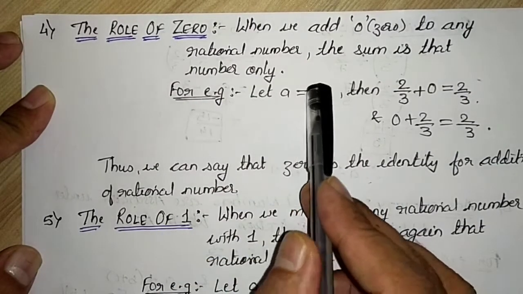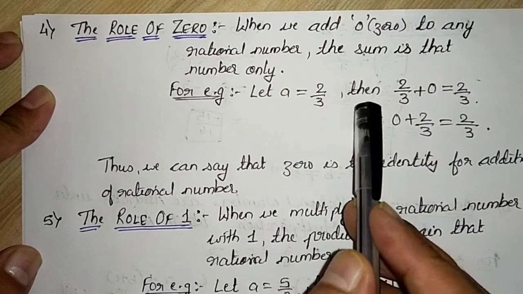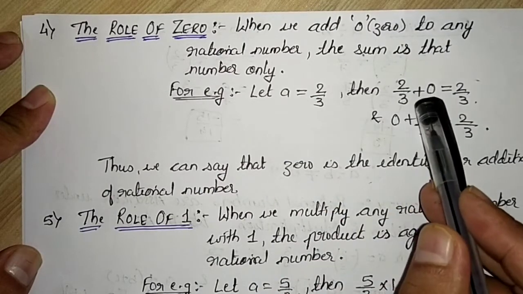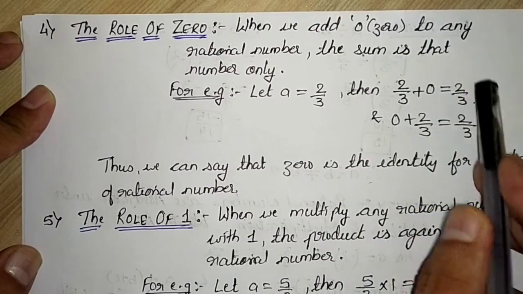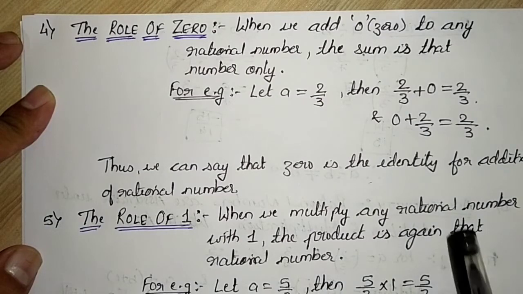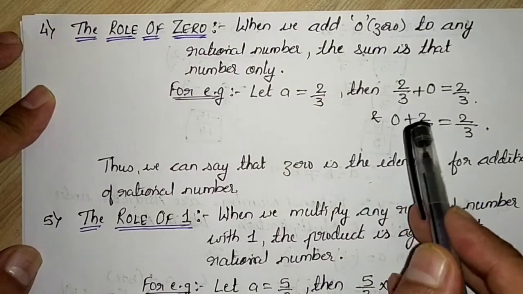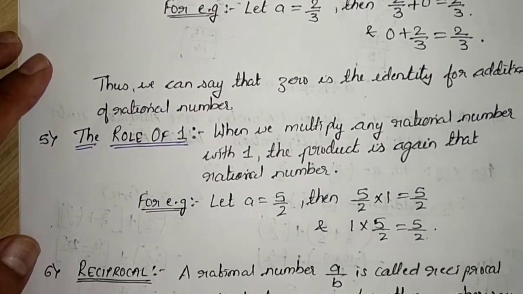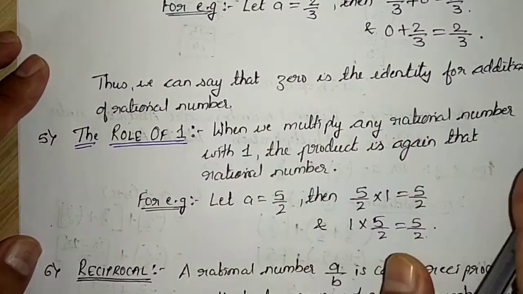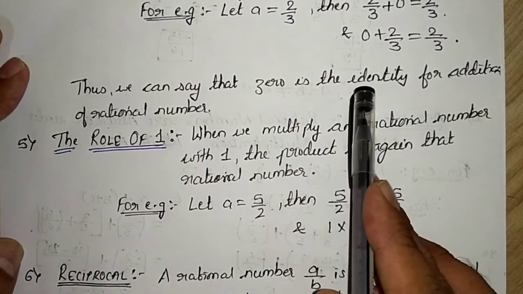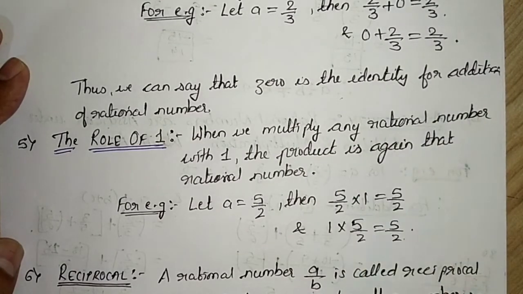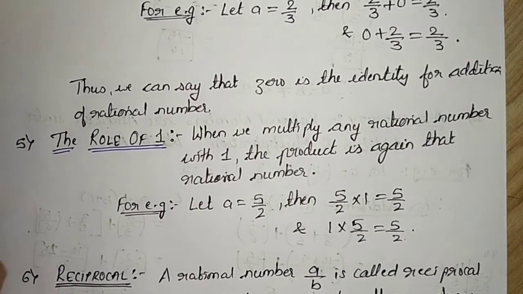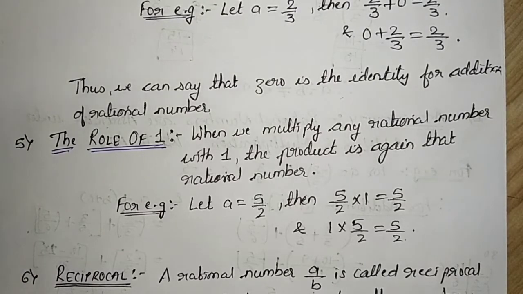Let A be 2 by 3, then adding 2 by 3 with 0, I will get 2 by 3 only. Or you will add 0 to 2 by 3, you will get 2 by 3. Thus, we can say that 0 is the additive identity for addition of rational numbers.